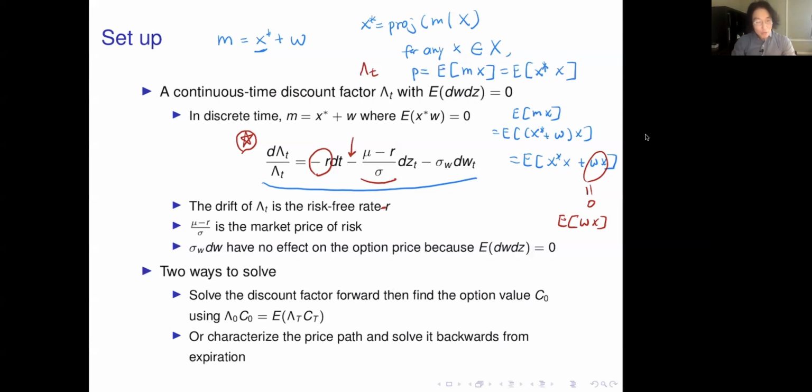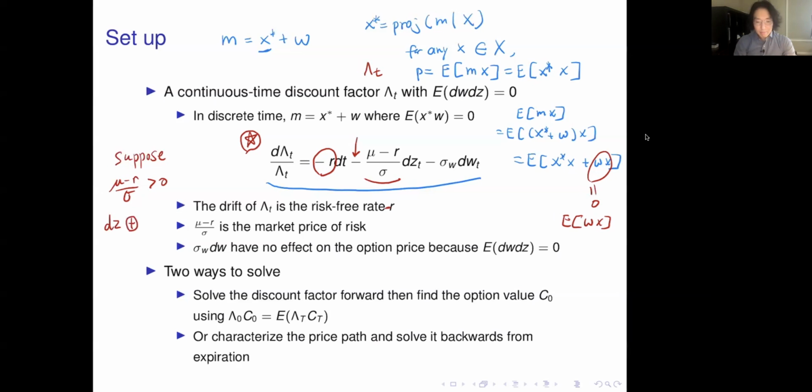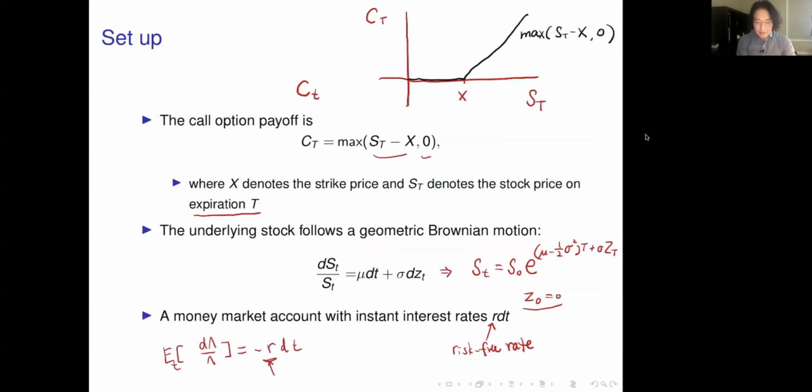In other words, let's suppose the market price of risk is positive. Suppose dZ is positive. What is Z? Z is the shock to the stock price.